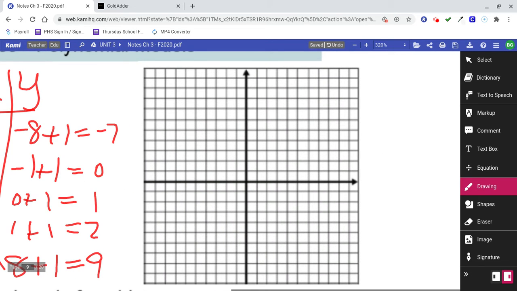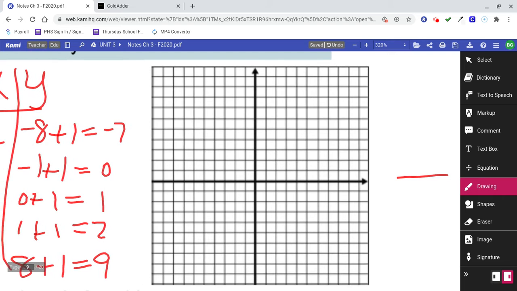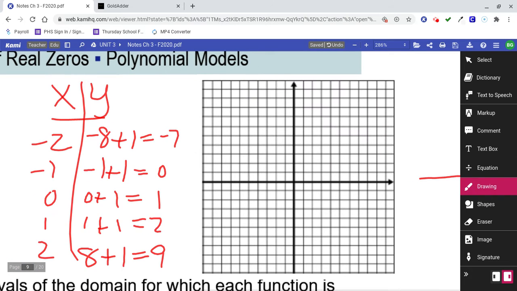Let me zoom in a little bit. We've got -2, -7. -1, 0. 0, 1. 1, 2. And 2, 9.